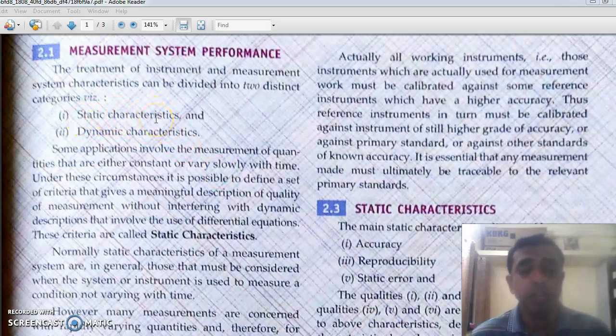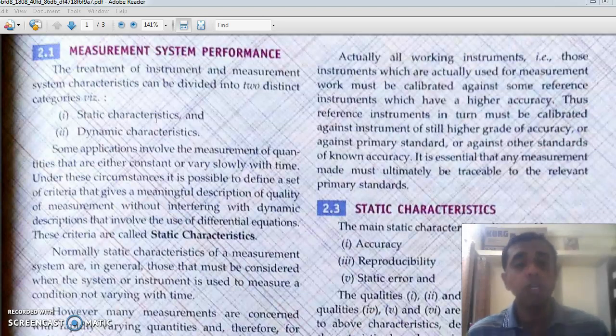They do not change with respect to time, or they change very slowly. For example, take a thermometer. We know the purpose of a thermometer is to measure temperature. Temperature is not a constant, but the variation in temperature is very slow. So we can include the characteristics of such measuring instruments under static characteristics.